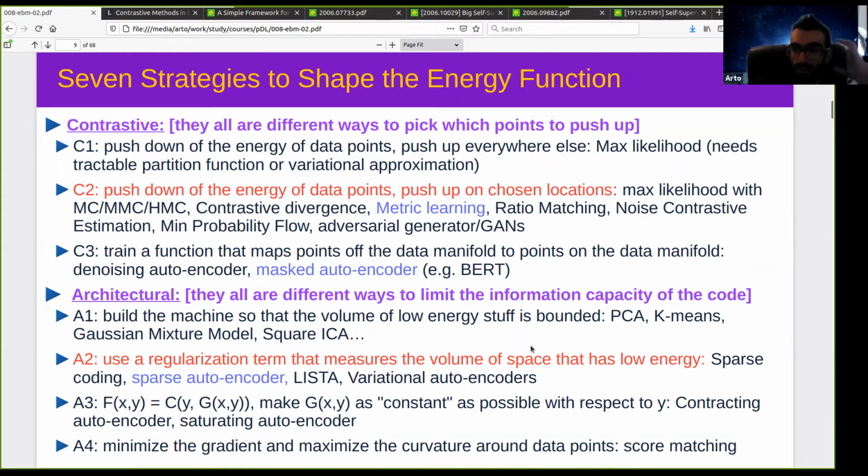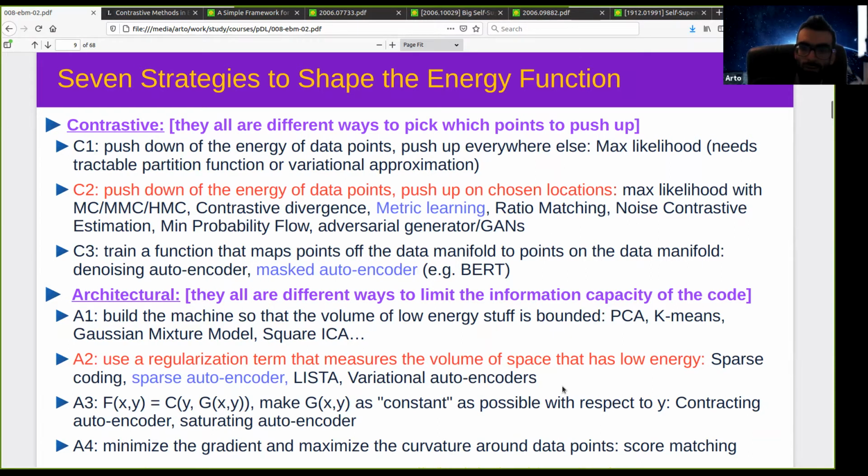We can construct our learning method in such a way that we limit the possible volume of low energy, and that would be PCA, K-means, Gaussian mixture models, sparse component analysis, stuff like that.